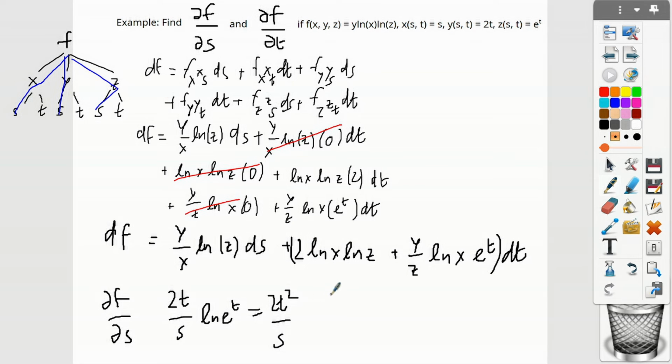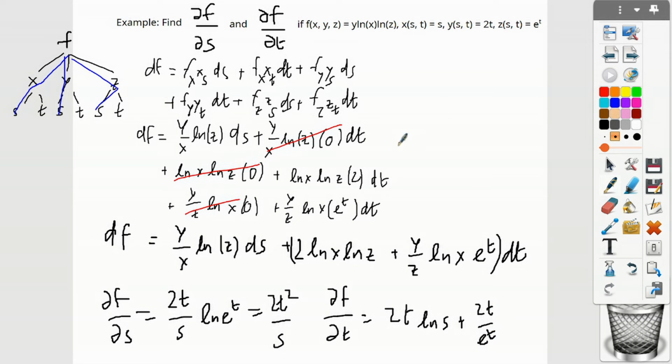This is del f del t equal to 2 times natural log of e to the t, which is t, so 2 times t times natural log of s, plus y over z. What's y over z? y over z is 2t over e to the t times the natural log of x.